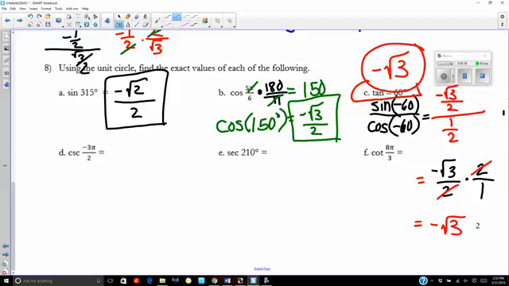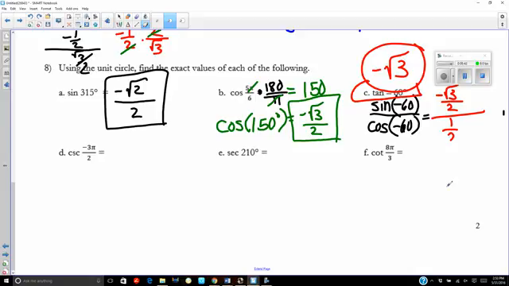All right, D, E, and F. Cosecant, secant, and cotangent. Cosecant is just the reciprocal of sine. So what we want to do is convert this to degrees first. So multiply by 180 over pi. I believe this is negative 270.